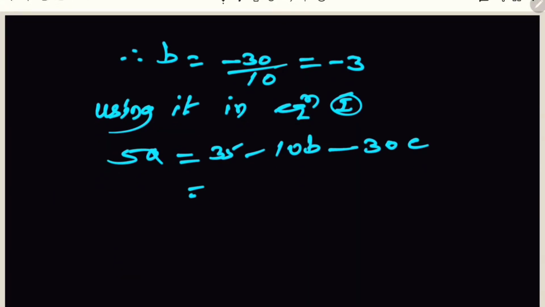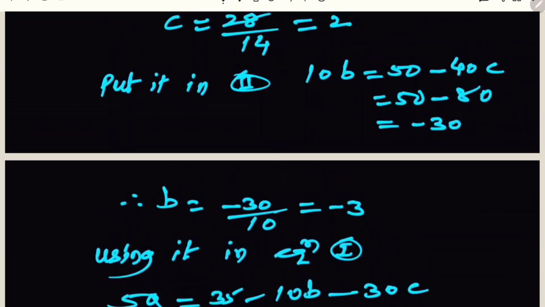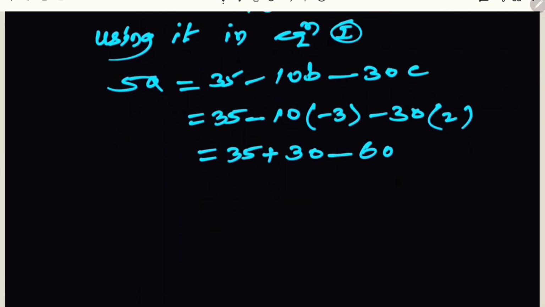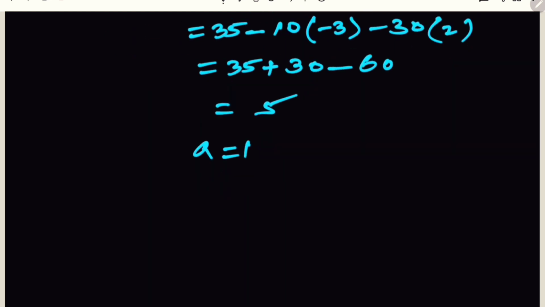Substituting values of B and C, 35 minus 10 into minus 3 minus 30 into 2. It is 35 plus 30 minus 60. 65 minus 60, we get 5, means A is 1.